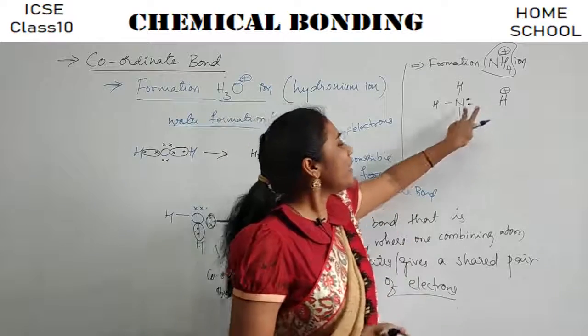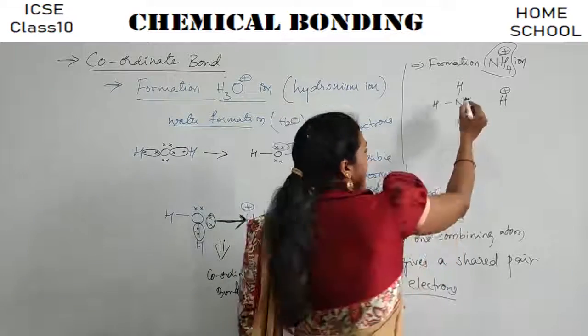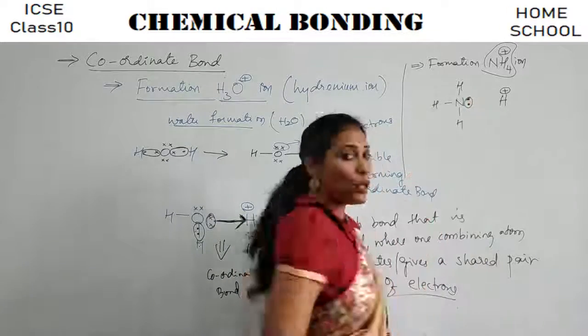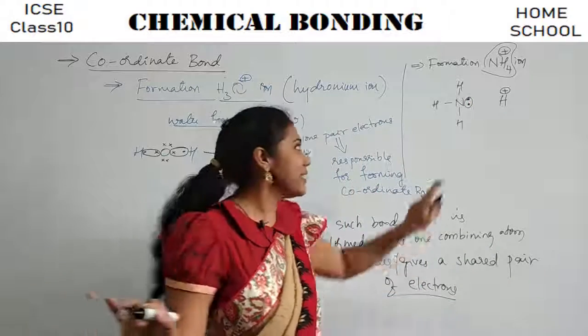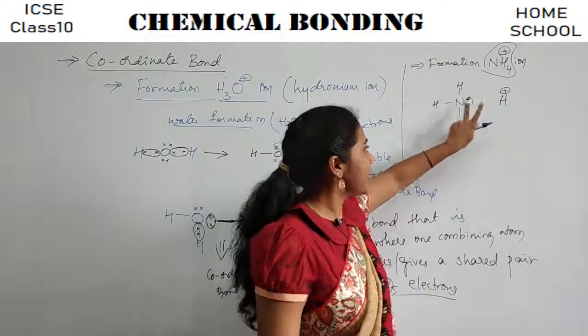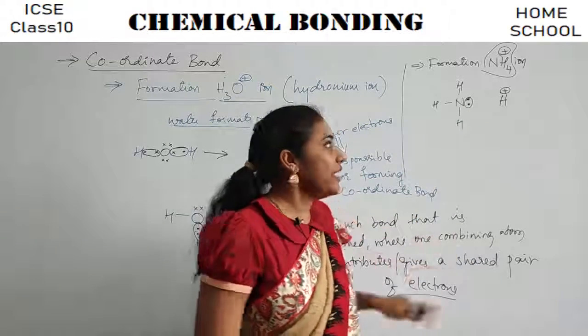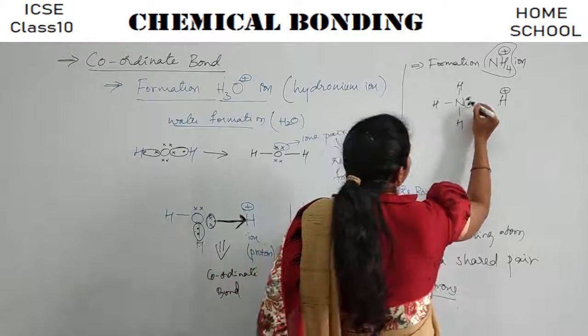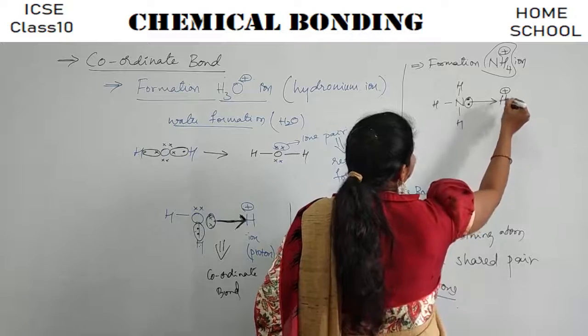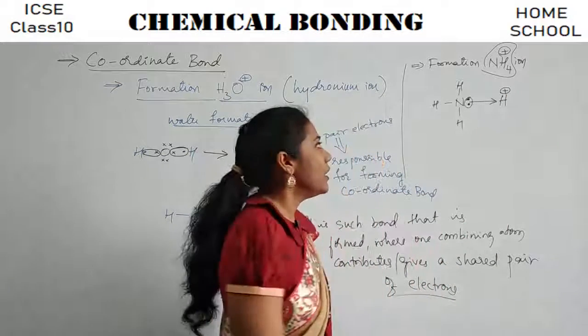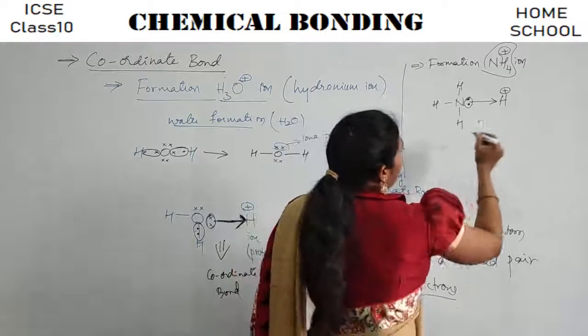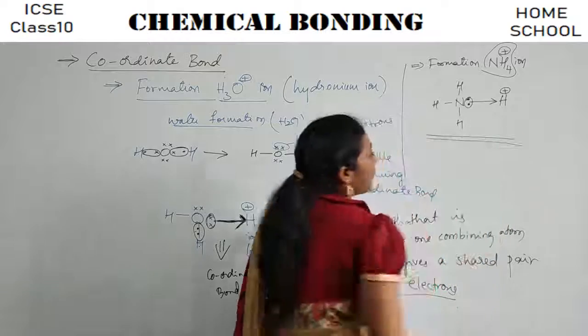Ammonia fortunately has one extra pair of electrons, we call it a lone pair, unshared. This pair of electrons is not at all shared with any of the hydrogens, it is very much free. So this pair of electrons is shared to H plus also. So this is another example for coordinate bonding.